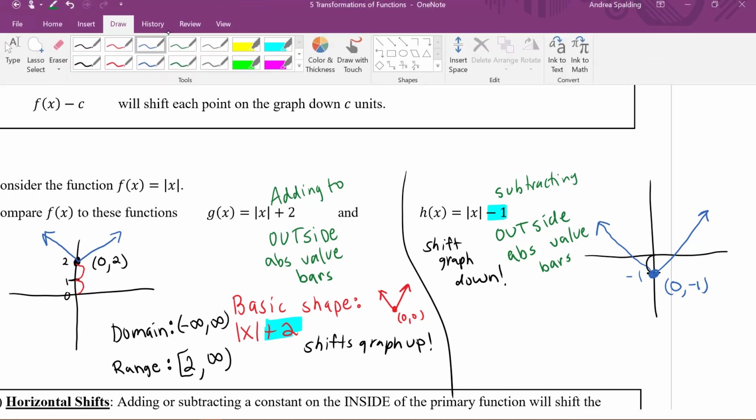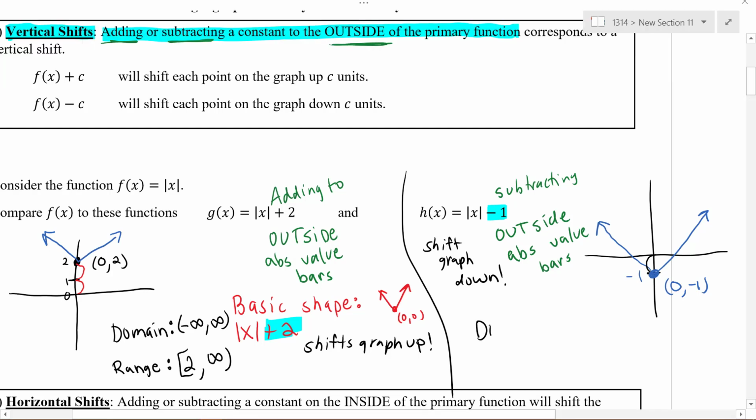Can you tell me the domain and range of that newly graphed picture? The domain from left to right, looks like we have arrows on either end, so that's negative infinity to positive infinity. The range, we start at the very bottom of the graph and record the y value there. That's negative 1. And we always assume included, unless we see an open circle.